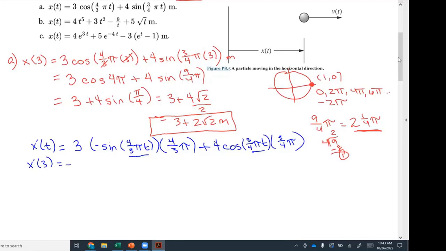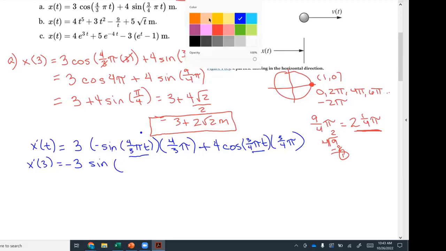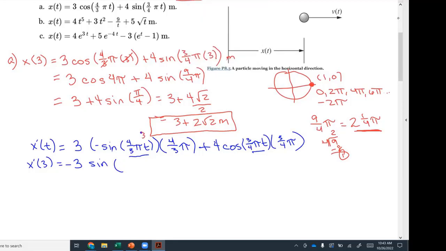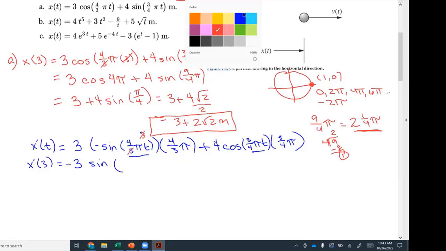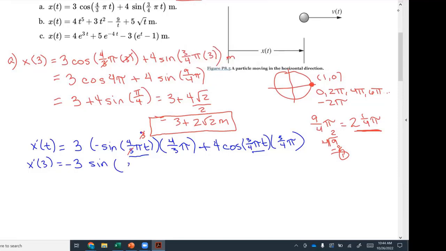So we have negative 3 times the sine of, if I plug in 3 here, this 3 is going to cancel with this 3, and I'm going to be left with 4 pi times 4/3 pi plus 4.